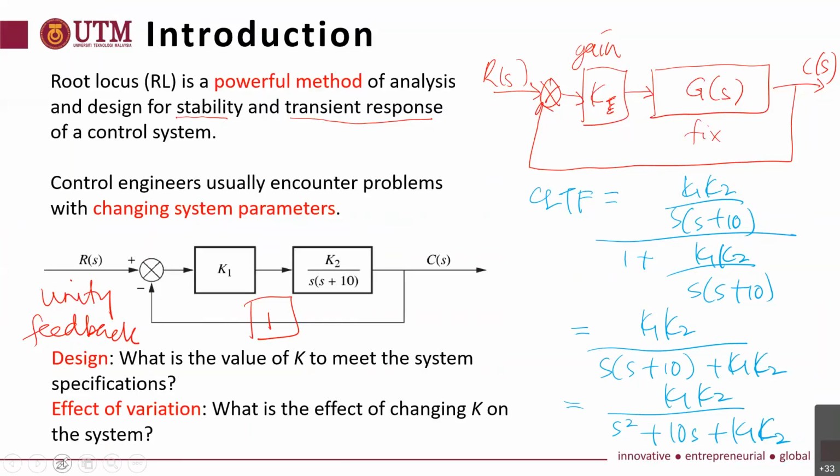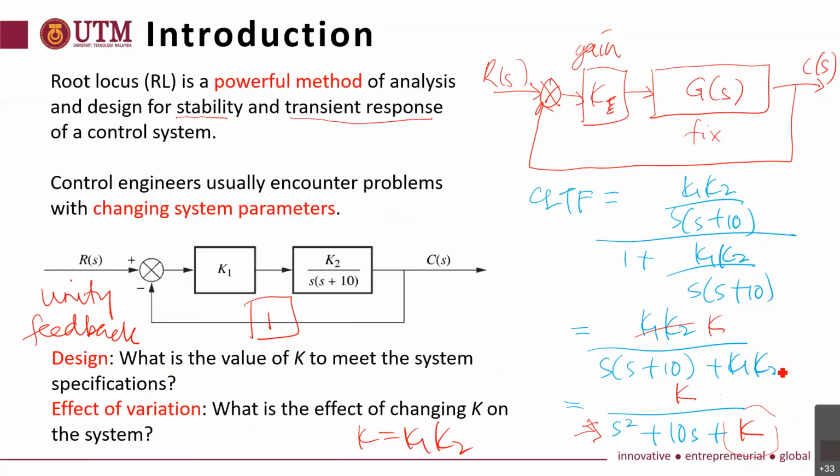And if I change K1 K2 into K, where K equals K1 K2, then we can see that the denominator here has the value of K. As we discussed before, the denominator is important because it determines the system order, and we can obtain the pole from the denominator.